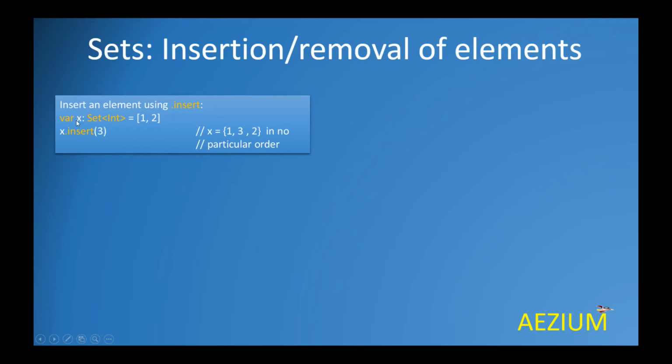So for a variable x of type set of integers, which is equal to this, if we wish to insert another integer into this set, which in this case is 3, we can use this, which says x dot insert, and inside brackets we have the value of 3. So this inserts 3 inside this, and the outcome will be this. So x will be a set whose contents are 1, 3, and 2. Again, notice that because this is a set, order is of no importance.